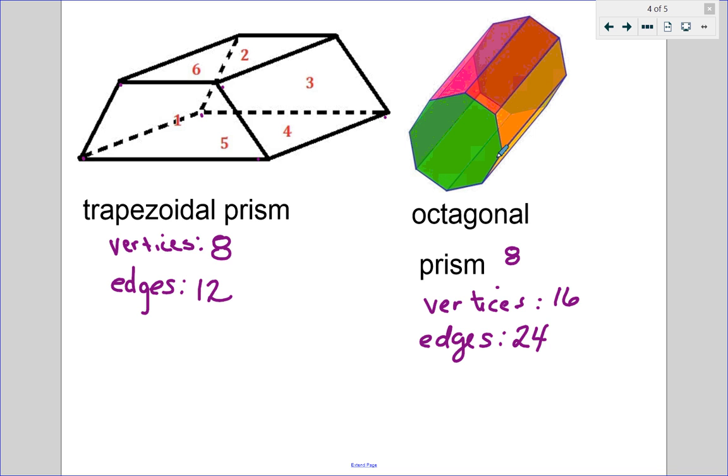Now, as far as any parallelisms, in an octagonal prism, you're going to have these rectangular faces, and those are all congruent rectangular faces.